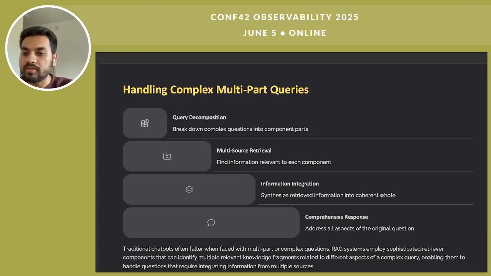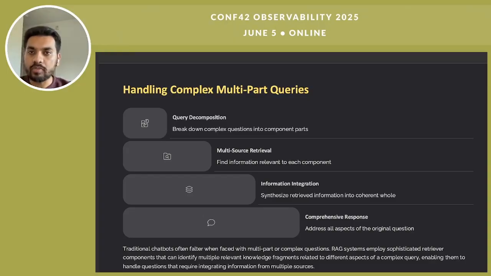Along with that, traditional bots typically fail at handling composite or multi-intent queries due to linear dialog flows and limited memory as well. RAG in these situations introduces multi-stage reasoning. The way it works is the complex inputs are parsed into smaller structured sub-questions using semantic segmentation.